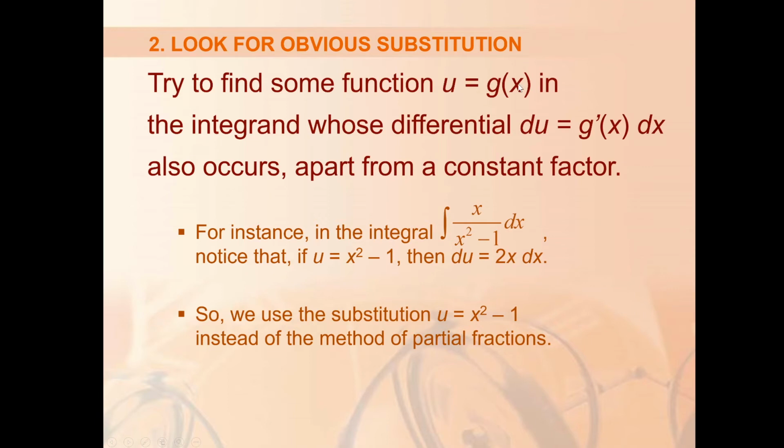And then step 2, look for obvious substitutions. Try to find some u substitution for anything if the integrand looks very complicated. For instance, the integral of x over x squared minus 1 dx. Notice that u equals x squared minus 1.